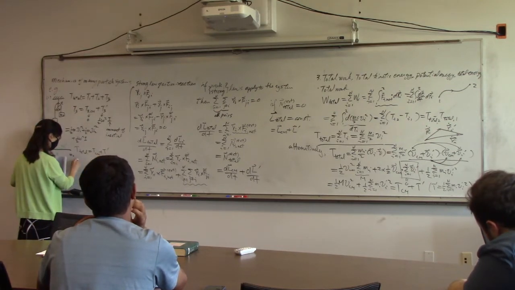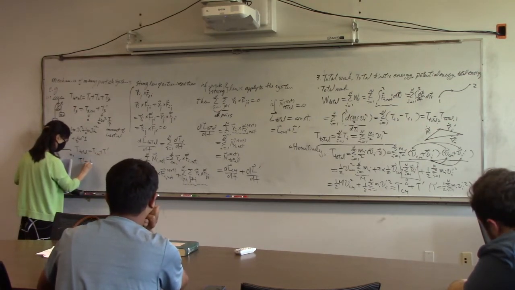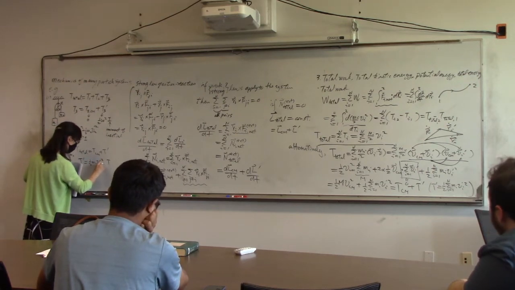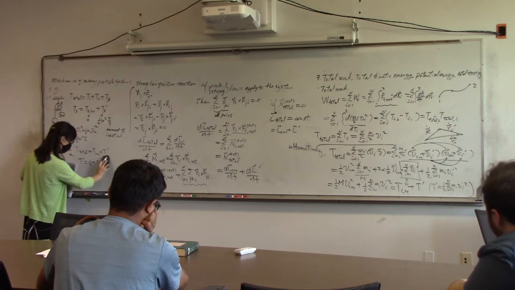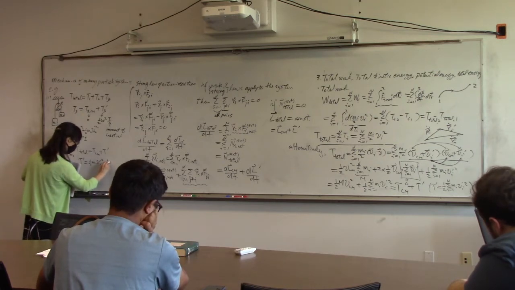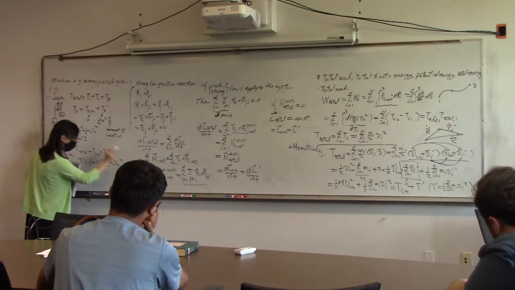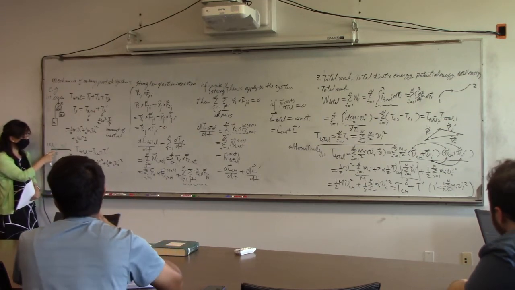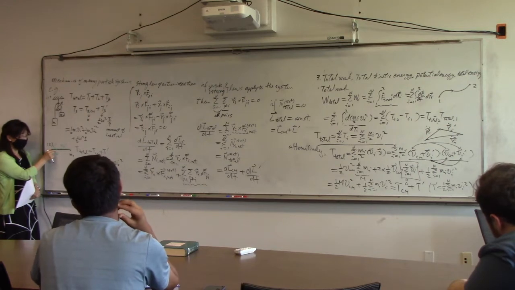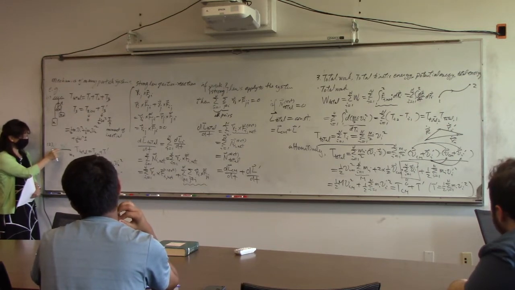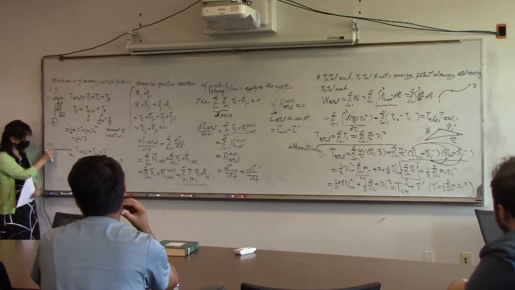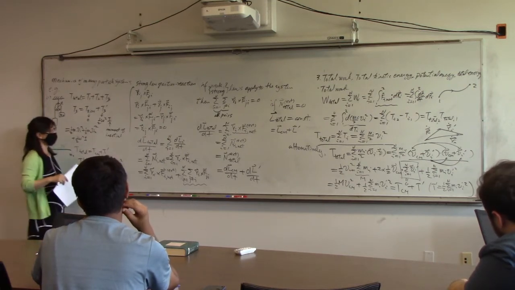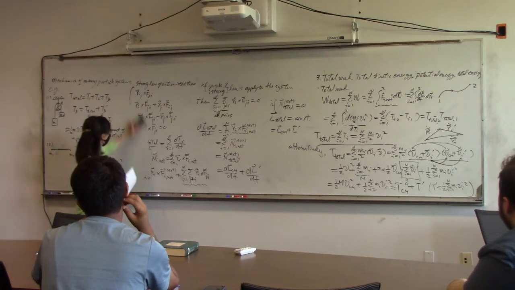And this one is half M1 V1 prime squared, right? Plus half M2 V2 prime squared. So you set your coordinates already here, then you can define what x1 or r1 prime and r2 prime are, and take the dot because v1 prime, v2 prime. So in this case, I prefer to use this.